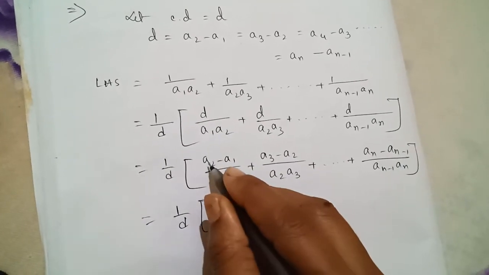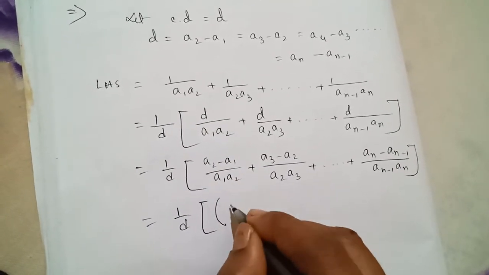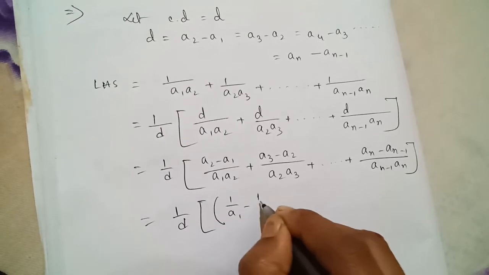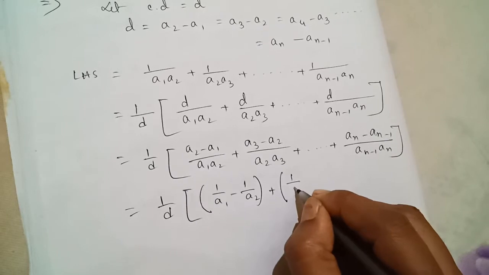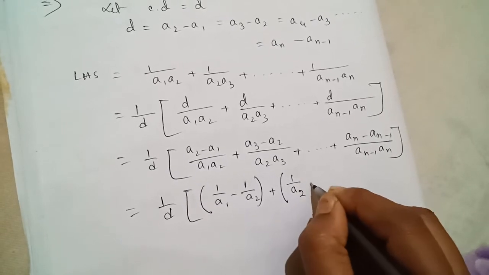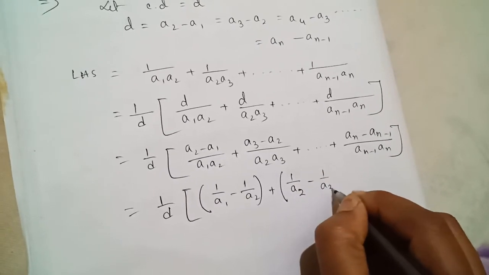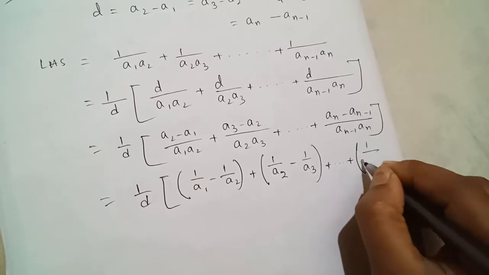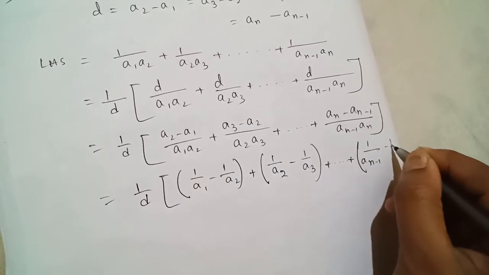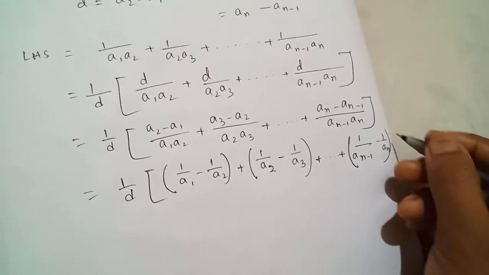Individualizing the fraction, we will get 1 by a1 minus 1 by a2. This one we will get 1 by a2 minus 1 by a3 plus dot dot dot plus 1 by an minus 1 minus 1 by an.